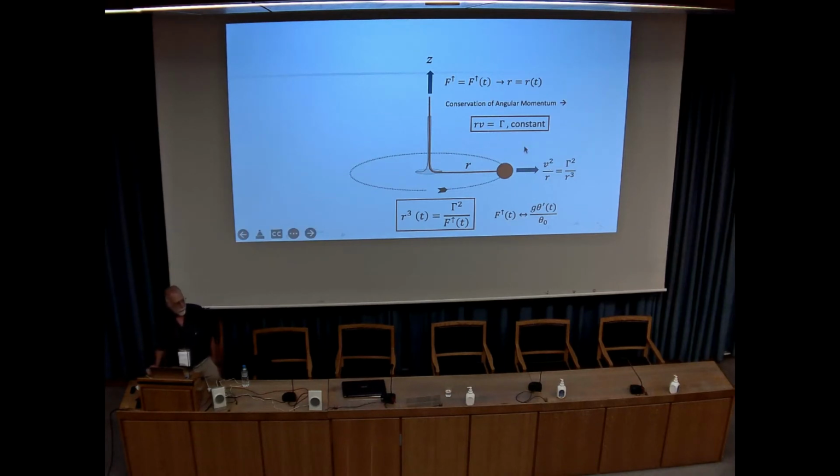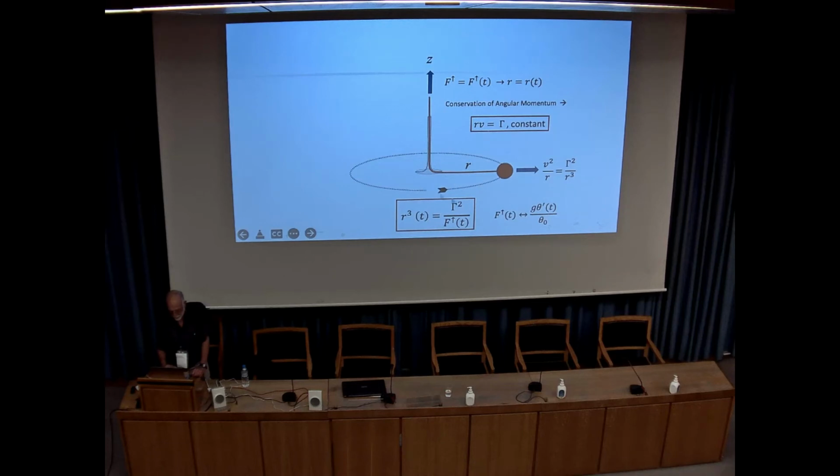If we now introduce the conservation of angular momentum, then r times v is basically a constant. The ice skater bringing the arms in spins faster. So I can write the centrifugal force per unit mass as gamma squared over r cubed, where gamma is the angular momentum of the ball, and plug it in here.